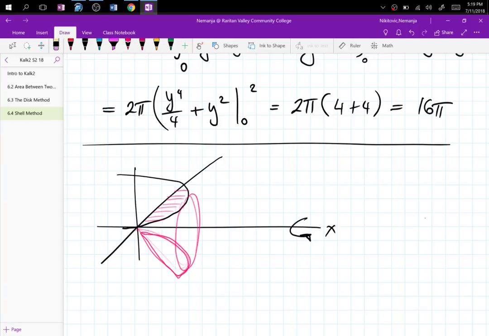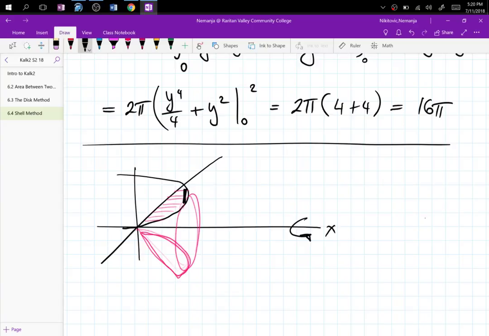Now, since you are rotating on the x-axis, and we have these two functions, this is the case where you hopefully see that the disk method cannot be done, because I am not able to have delta x right there, because it folds on itself, right?